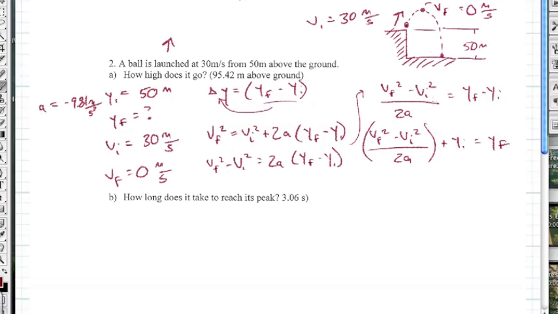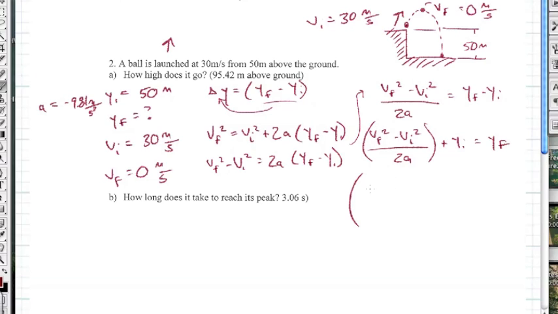So I might need to write these in down here a little bit. It's our last form of this equation right here. So let's punch our numbers in here. VF, what's our V final?